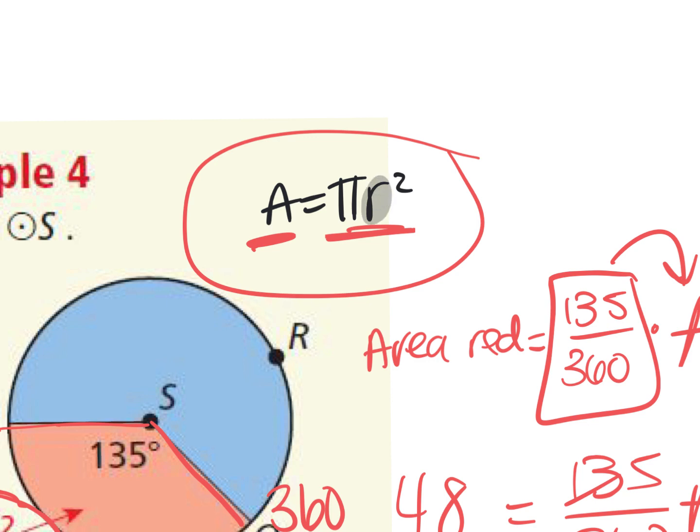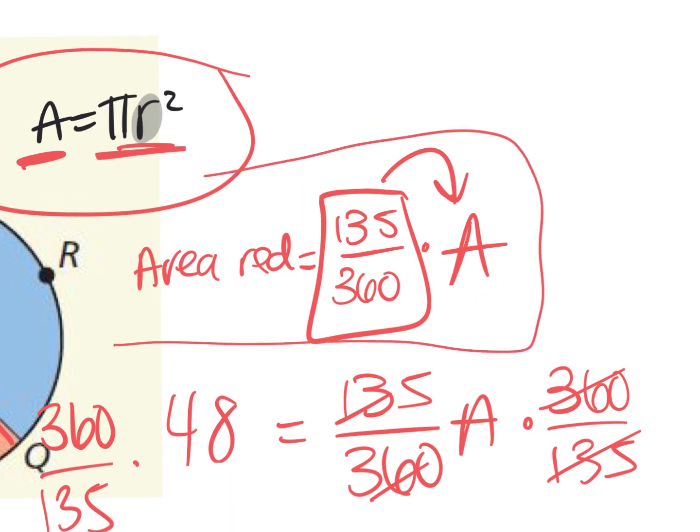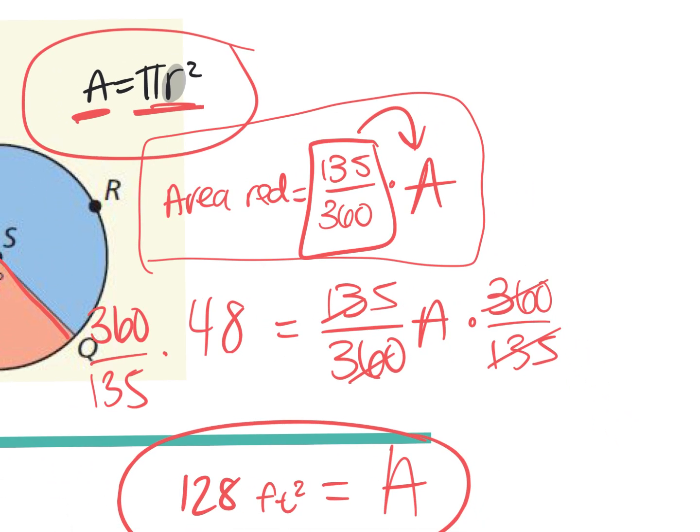Did we have the radius here? No. So we have to use the area of this sector, which is the area of the red piece is the ratio of the arc over 360 times the area of the whole circle. So that's what I used here. I knew the arc was 135 degrees because the central angle was 135, and the area of the red section was 48.